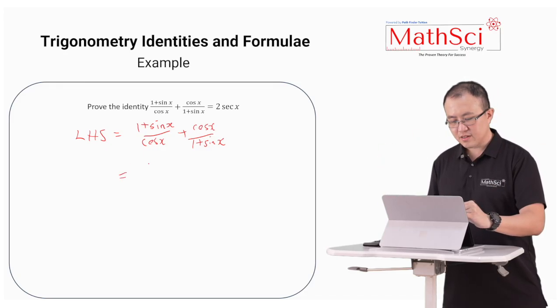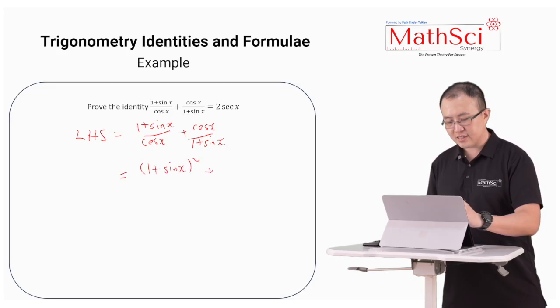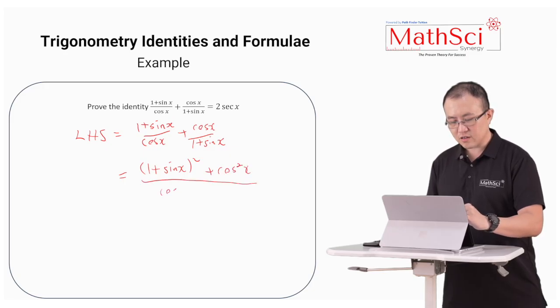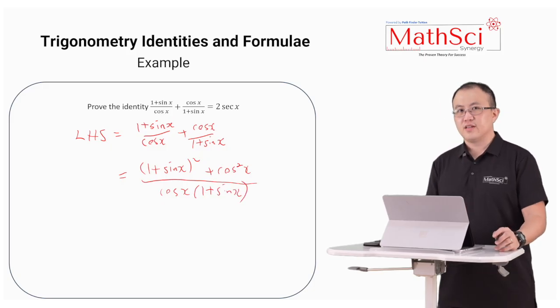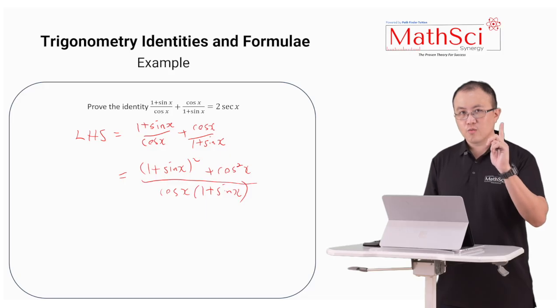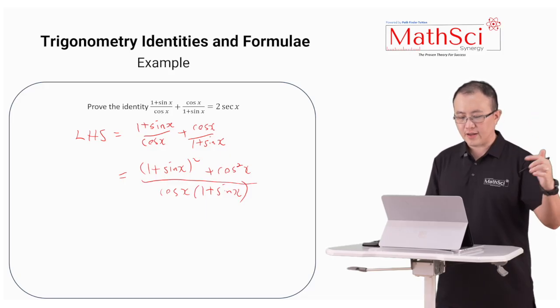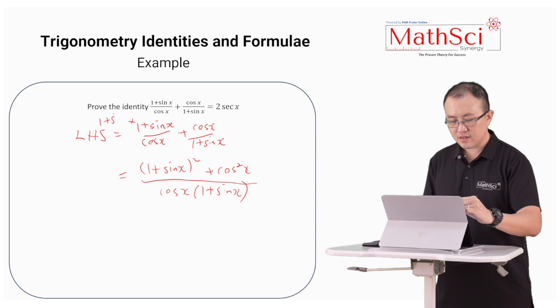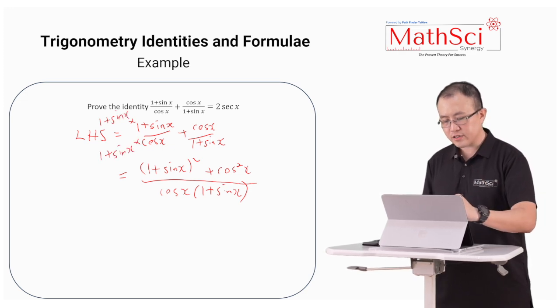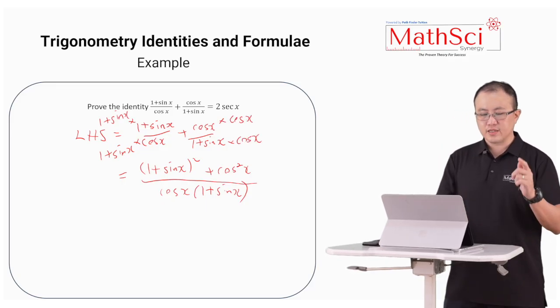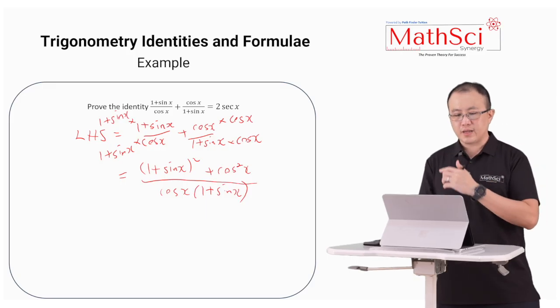Then I'll get ((1 plus sine x) squared plus cosine square x) divided by cosine x (1 plus sine x). What did I do here? I basically multiplied by 1 plus sine x top and bottom for the left side, and I multiplied by cosine x top and bottom on the right side. So I will get the same denominator, cos x (1 plus sine x).